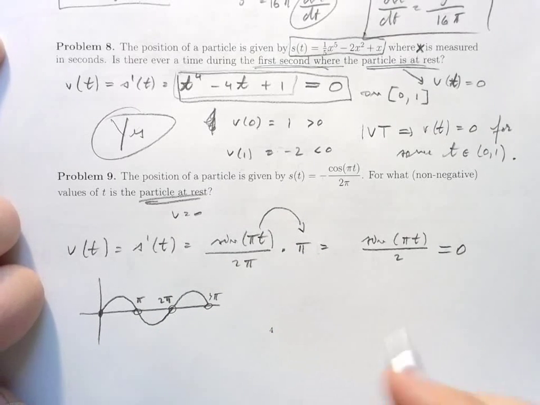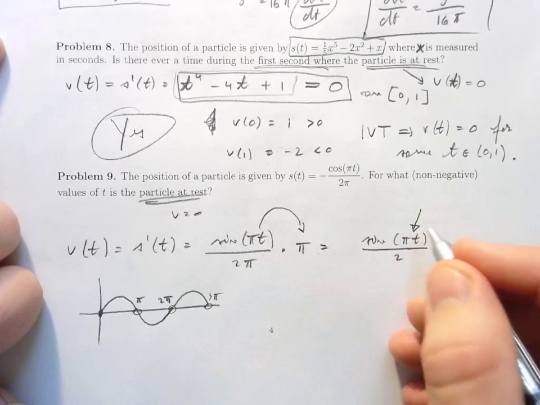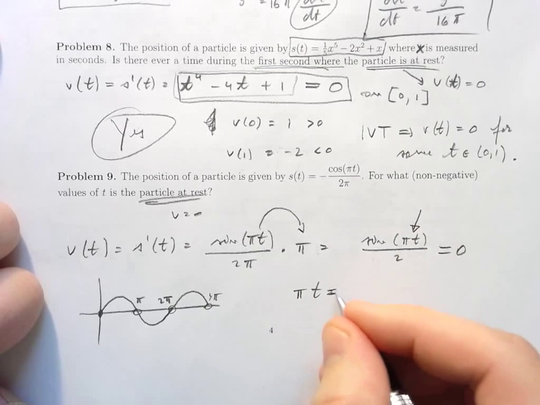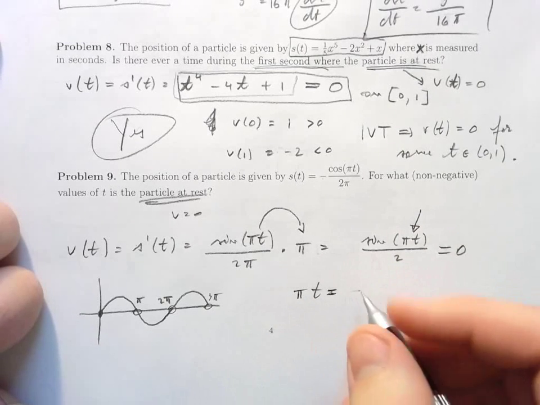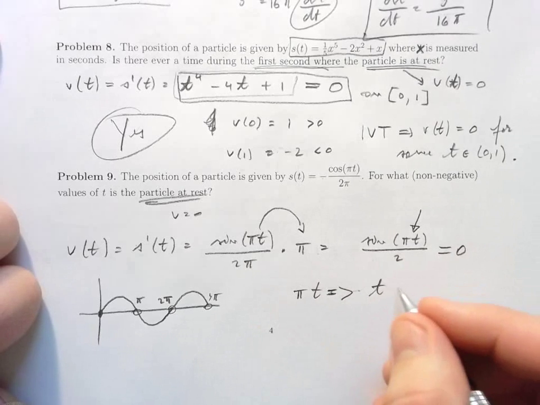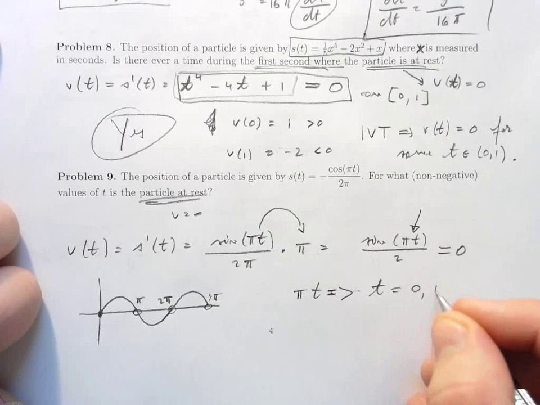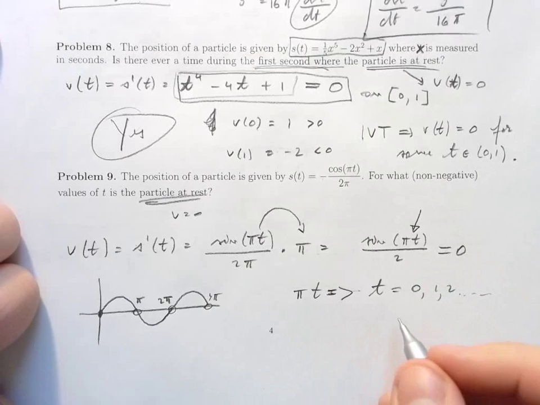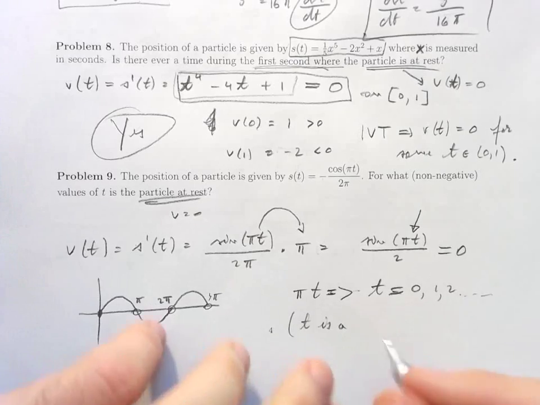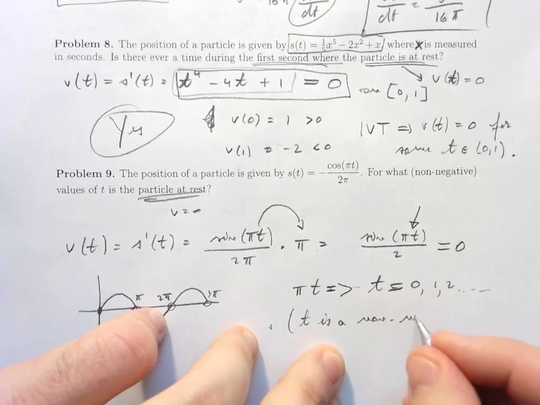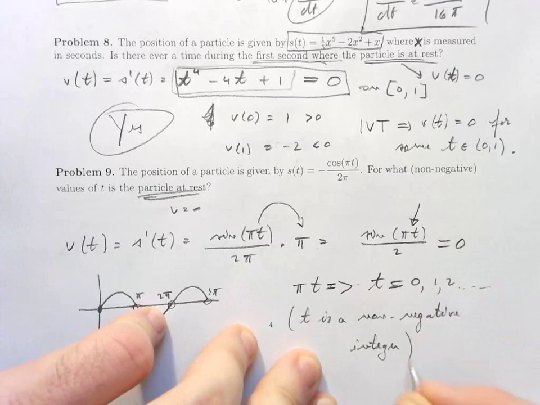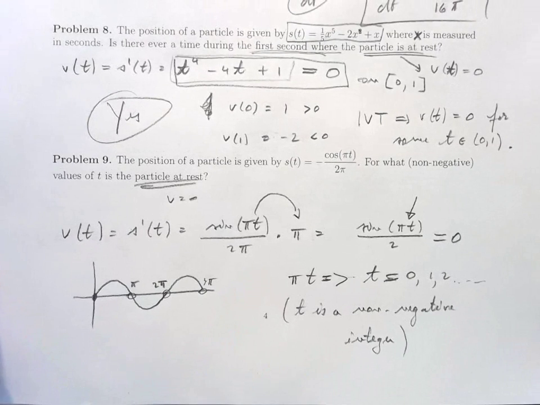And since over here the variable is pi t, I want pi t to be an integer multiple of pi, right? So this means that for any t that is 0, 1, 2 is going to work. In other words, for every non-negative integer. And that's the solutions for the entire worksheet.